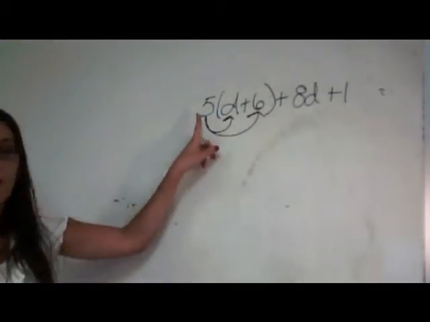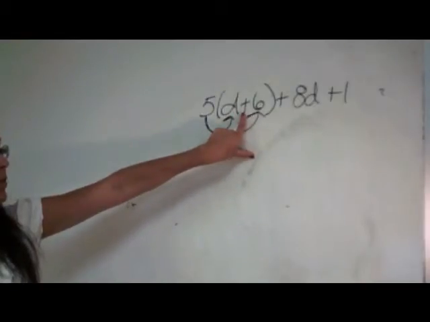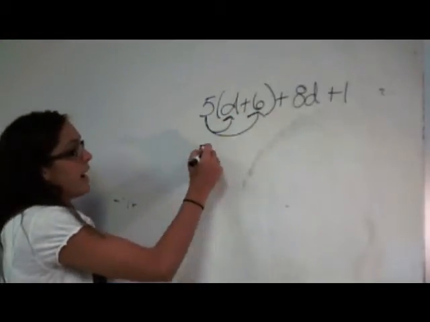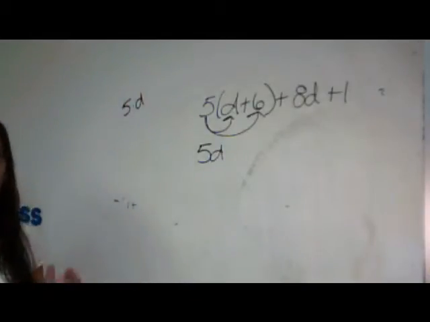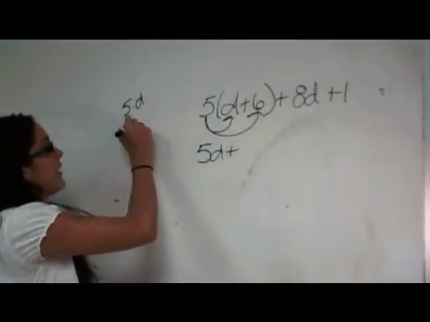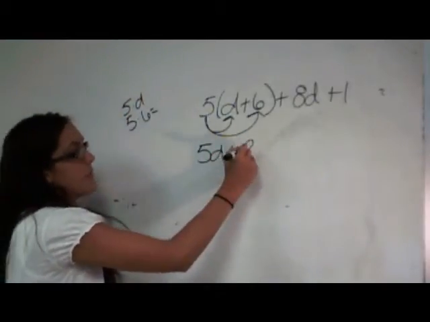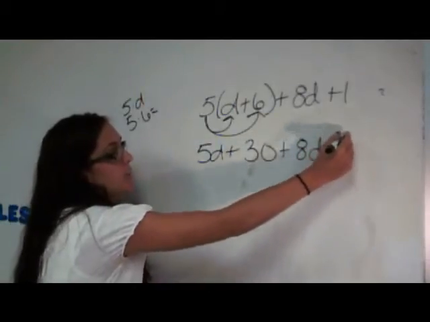I'm distributing my 5 to my d and 5 to the 6, and that 6 is positive because we have a plus sign in front of it. 5 times d, whenever you multiply a number with a variable, just stick them together, so we have 5d, plus 5 times 6, which is 30. Now plus 8d, and then plus 1.